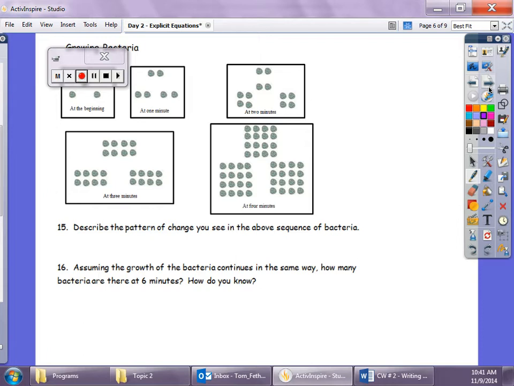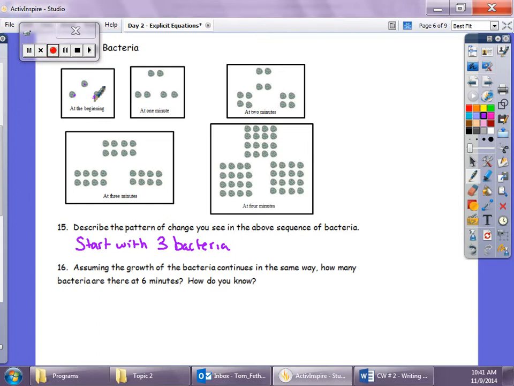Describe the pattern of change you see in the above sequence of bacteria. Well, if you notice, we start with 3 bacteria. So it starts with 3. 1, 2, 3. And then after each minute, what's happening?